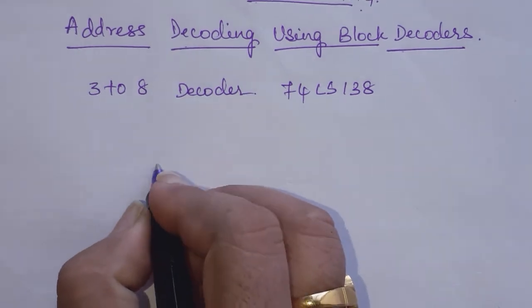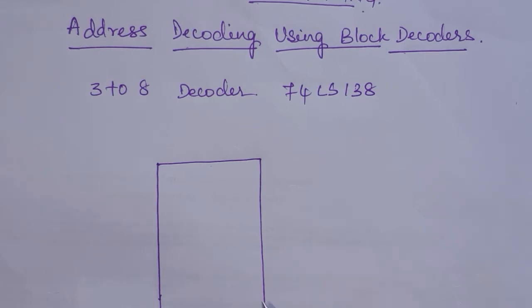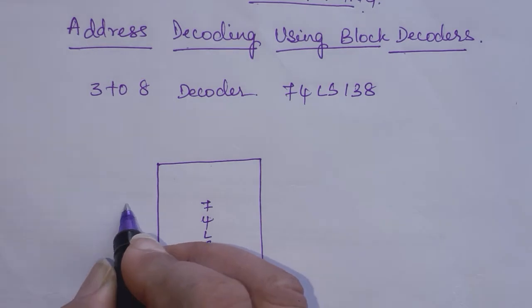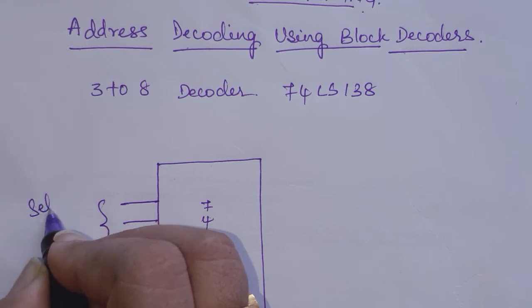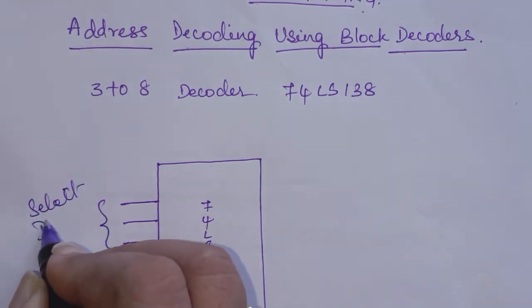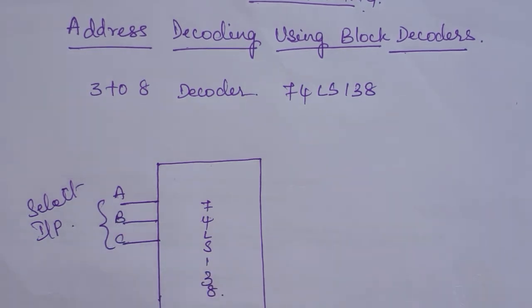So what is the pin structure of this decoder? It will have 3 select inputs, then 3 enable inputs. So this is G2B bar, G2A bar and G1.